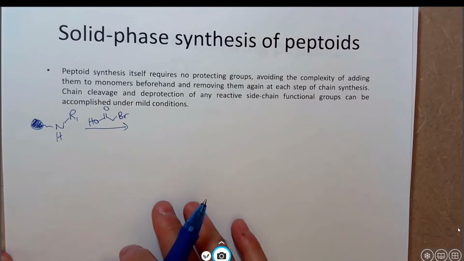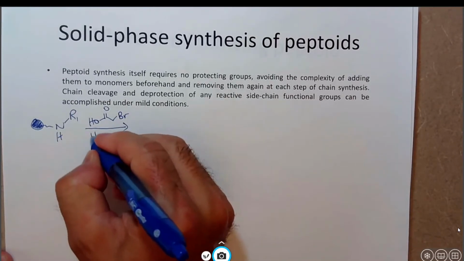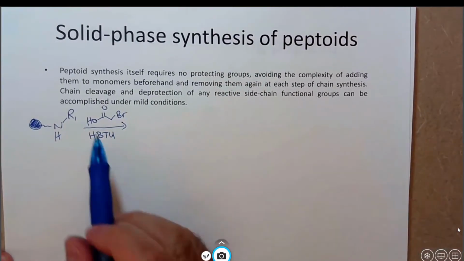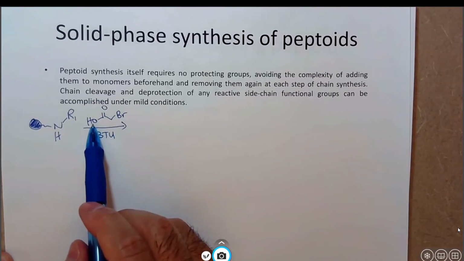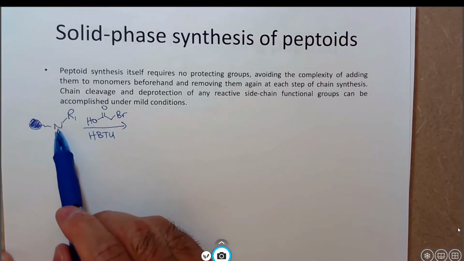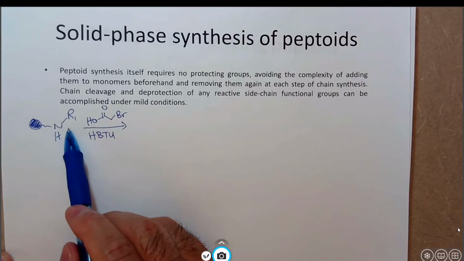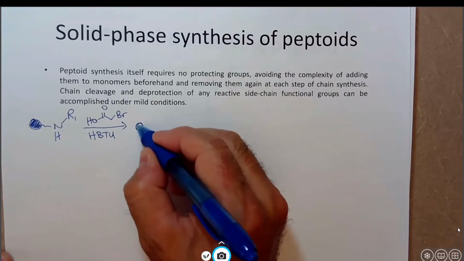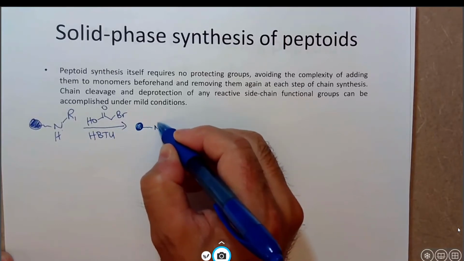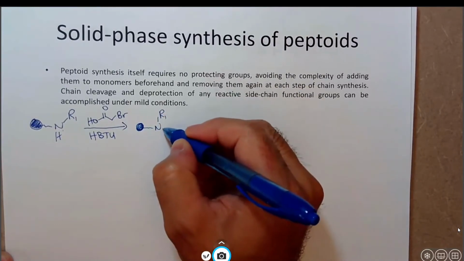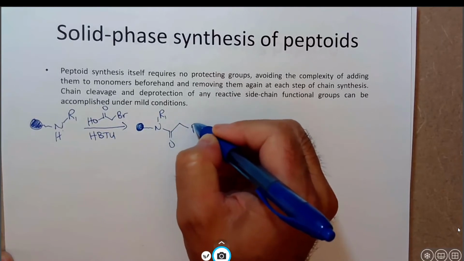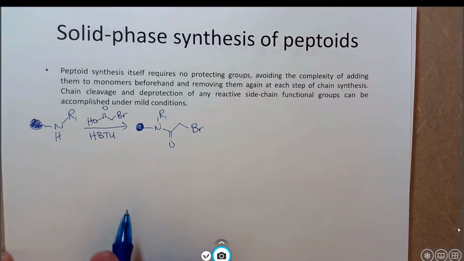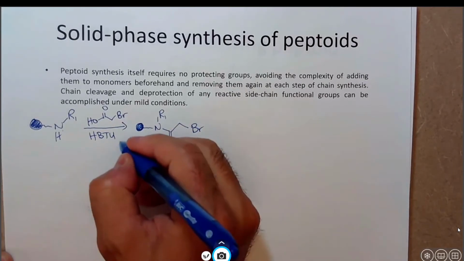And bromoacetic acid, when we incubate that with a coupling agent, let's use HBTU, what you know is that this acid will get activated, form an active ester, and then the nitrogen, which is an amine here, will come in and form an amide. So there's nothing really new here about the chemistry. Okay, so there's your R1, and now you form an amide, and then you have this alpha halide group attached here. Okay, so let's call that step 1.